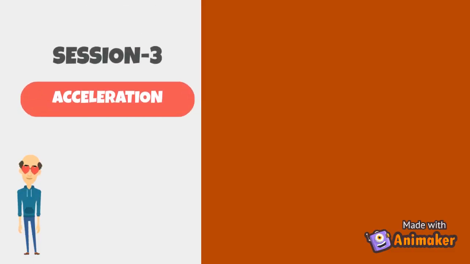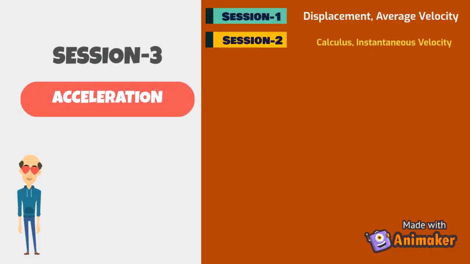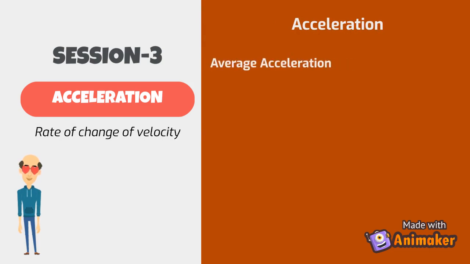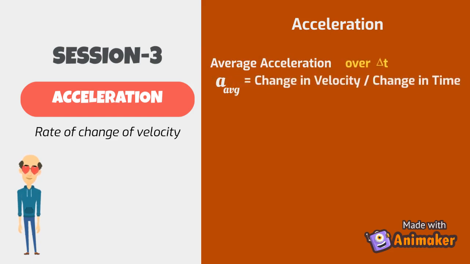In the last class, I introduced you to calculus and then we looked at velocity a little more closely. Now, when a particle's velocity changes, the particle is said to undergo acceleration. For motion along an axis, the average acceleration, that is a average, over a time interval delta t is defined as the change in velocity divided by the change in time.